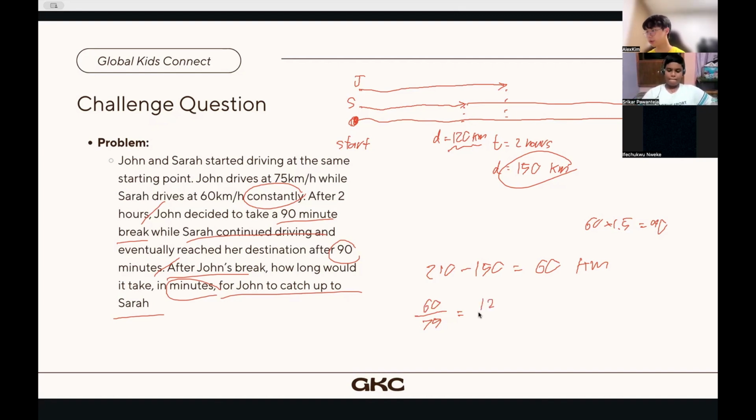If we simplify 12 over 15, it simplifies even more to 4 over 5 hours. Because the question asks in minutes, we multiply by 60 minutes per hour so that we can cancel hours. Multiplying 4 over 5 by 60, we simplify to 12 and get 48 minutes of extra travel for John.